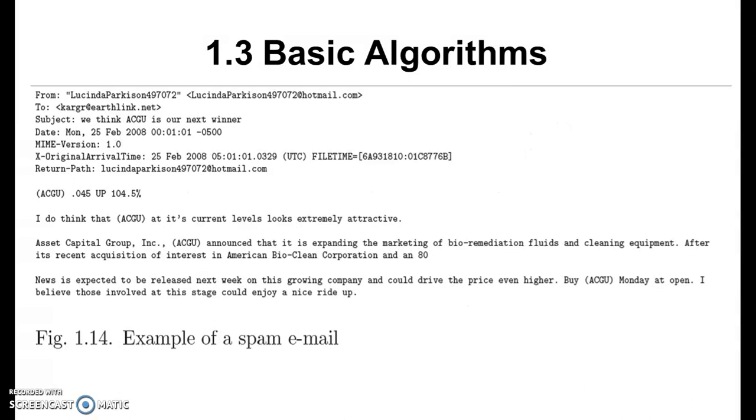Now let's consider an example of a mail that we have received from a particular email ID to our ID, and it has a particular subject, and a couple of things mentioned in the text, in the subject, and in the content of the email.